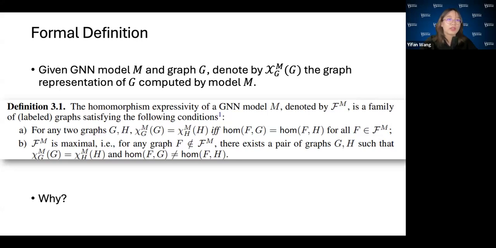The second point I want to talk about is why we do not use the WL test. The WL test can be too coarse for practical graph neural networks. Homomorphism expressivity provides a more quantitative measure of how much structure a graph neural network can encode. This allows us to directly compare different graph neural networks.